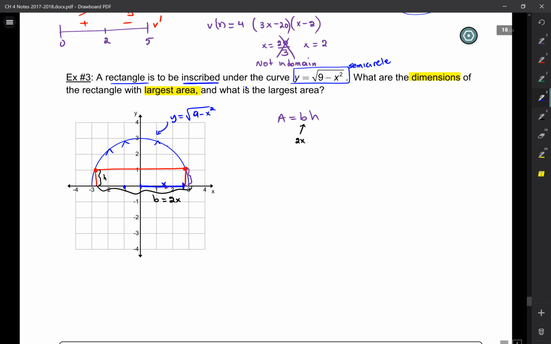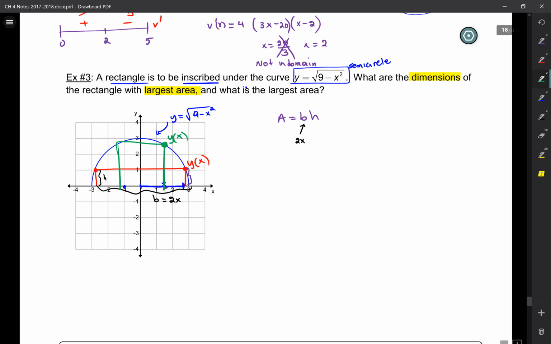So now, if the red one is my rectangle, how much is the height? Whatever the x is, it's y at that x value. If this is my rectangle, how much is the height? y, whatever the x is there.